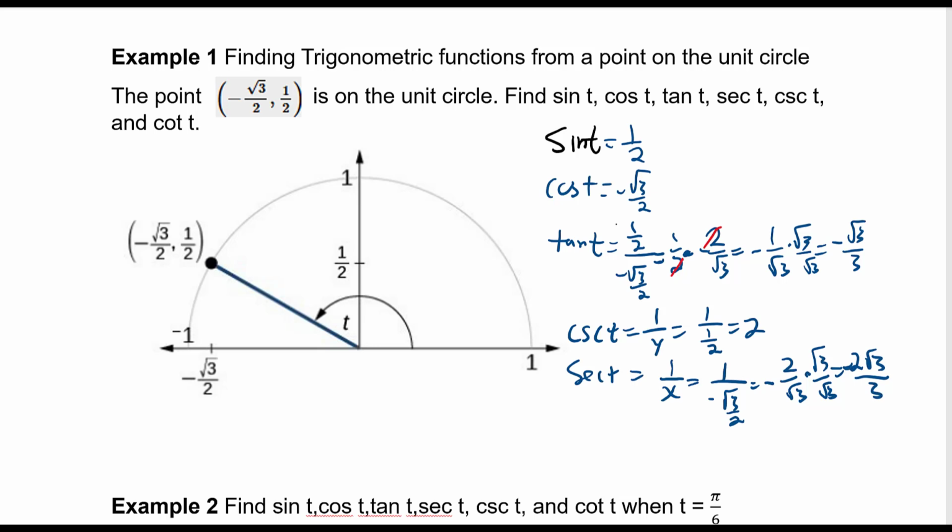It's kind of messy, I'm sorry. And then cotangent t is the x value over the y value, or cosine over sine. So it's negative square root of 3 over 2 over 1/2, which becomes negative square root of 3 over 2 times 2 over 1. The 2's reduce out to give us negative square root of 3. Wasn't that fun?